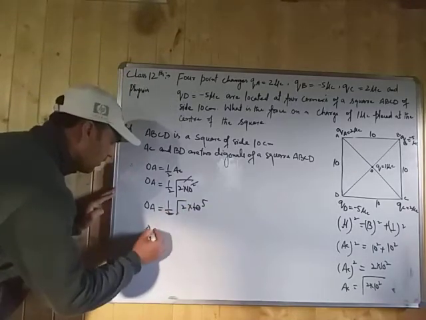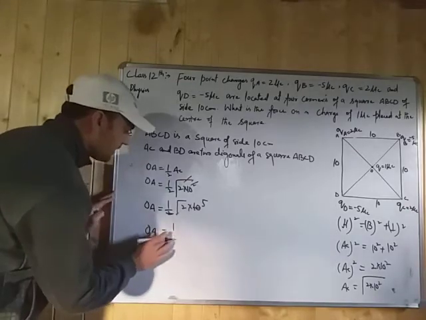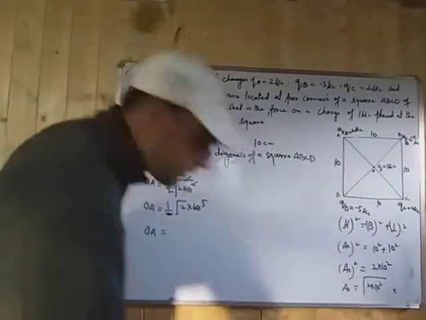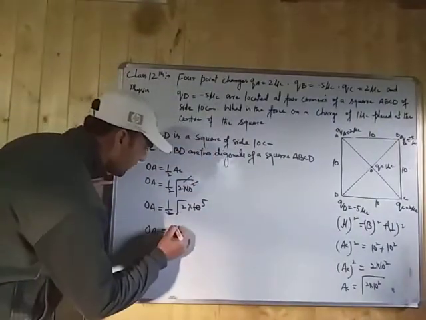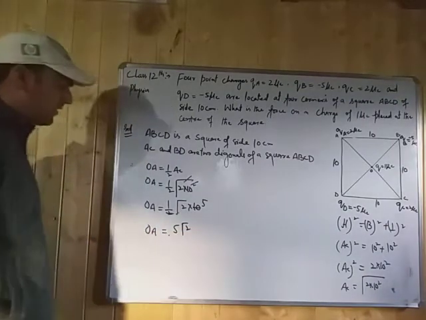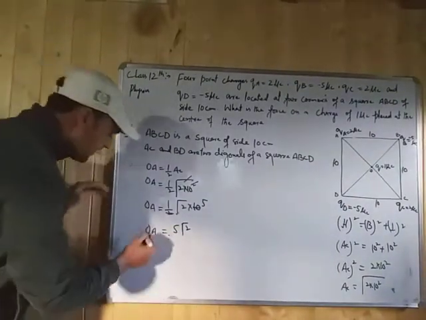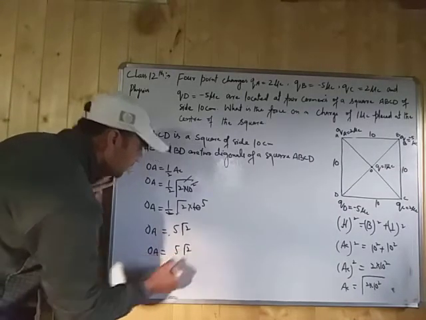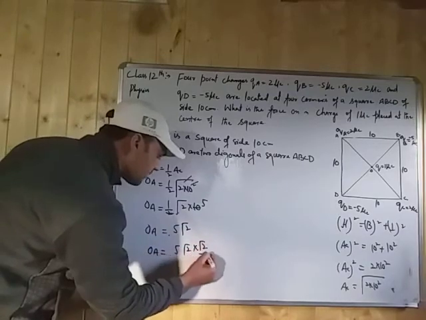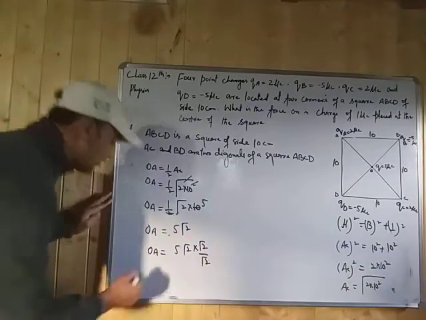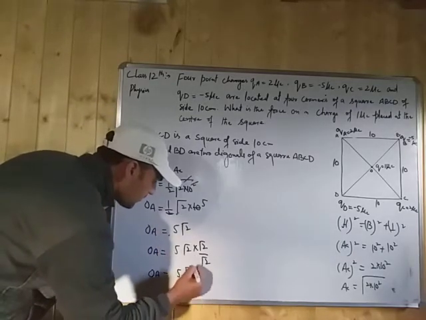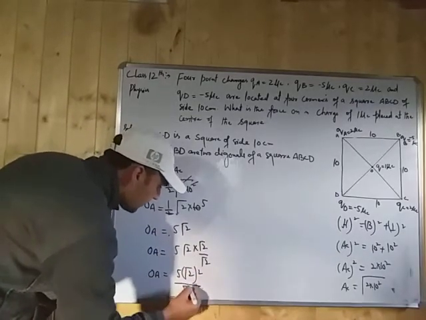OA is equal to 5 under root 2. Or we can write it this way: we will multiply by root 2 and divide by root 2, so OA is equal to 5 under root 2 whole square divided by under root 2.